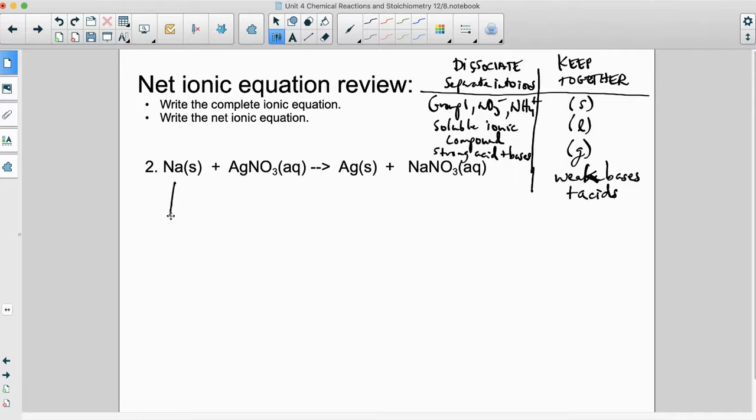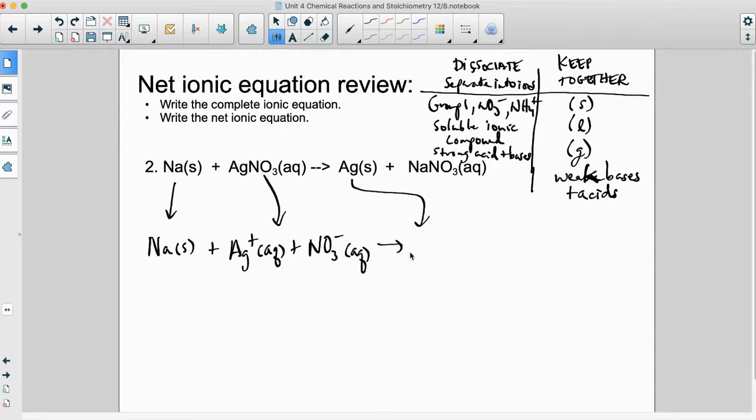So here, this solid, we are not going to break apart. It's just an element. The AgNO3, this is a soluble ionic compound, a nitrate. So we break this up into its ions. Okay, and then our Ag solid, we do not do anything with that.